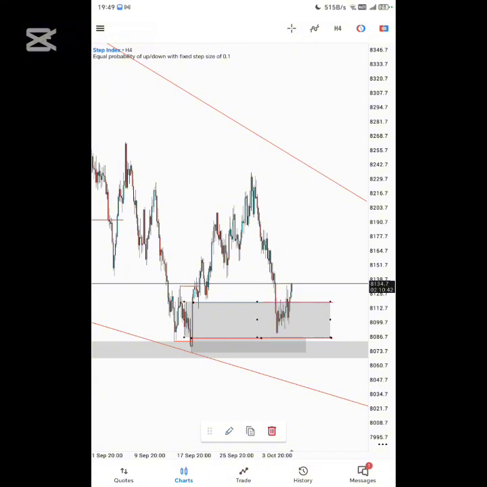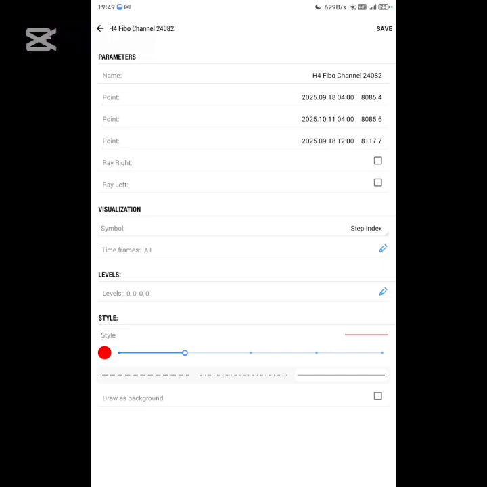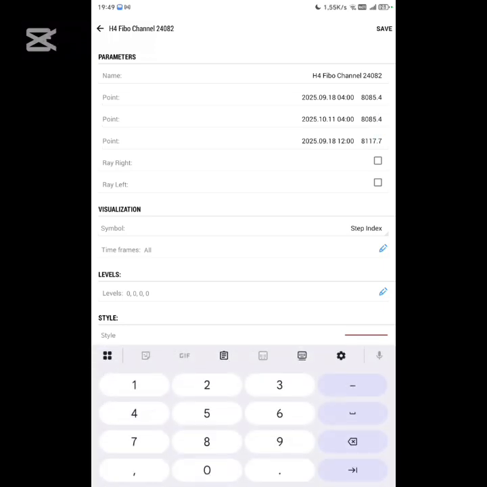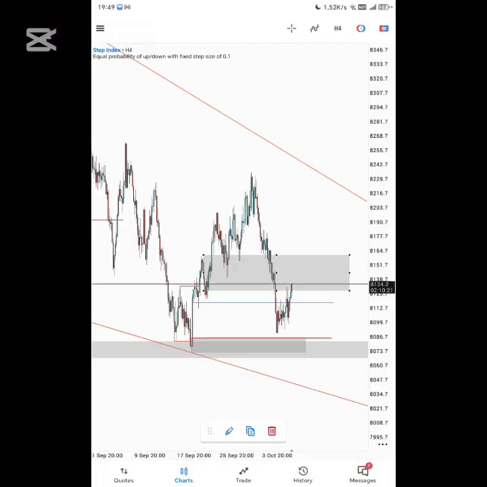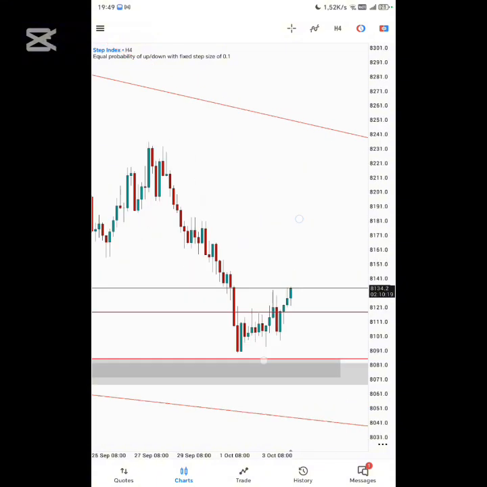Then we have this huge imbalance which is not yet filled. I want this imbalance to show itself, but this zone is not necessarily needed.